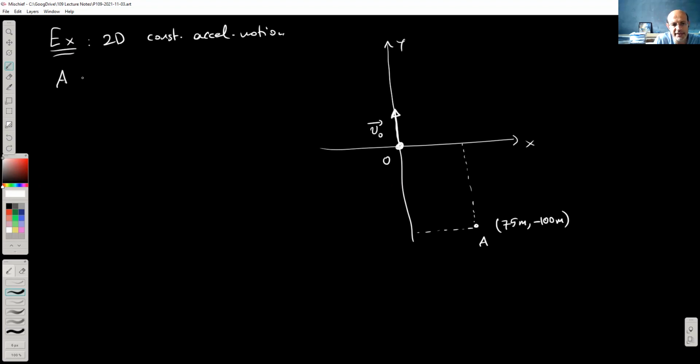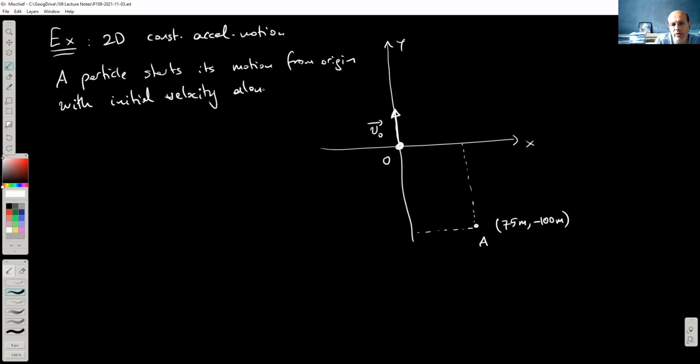So a particle starts its motion from origin, moving along, let's say with initial velocity along plus y with speed, what, 10 meters per second.